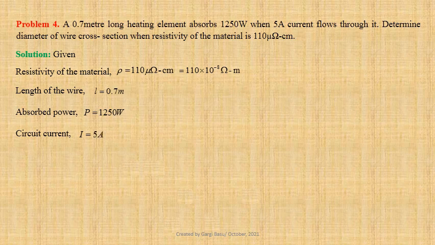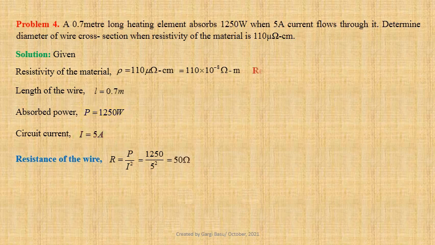Let us now determine the resistance of the wire. R equals P divided by I square. Using values we get 1250 divided by 5 square, that gives us 50 ohm.